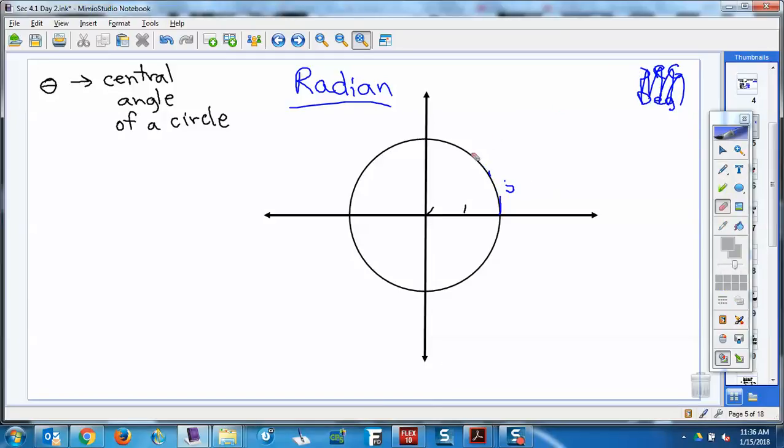All right, here's what we're going to do. We're going to take our piece of string. Now remember, this piece of string is 1 radius, right? 1 radius is what your string is, okay? I want you to take your string and start it here at 0, and that's going to be hard for me because it isn't laying down, but you're going to lay the string around the circle, and then you're going to mark where that ends.